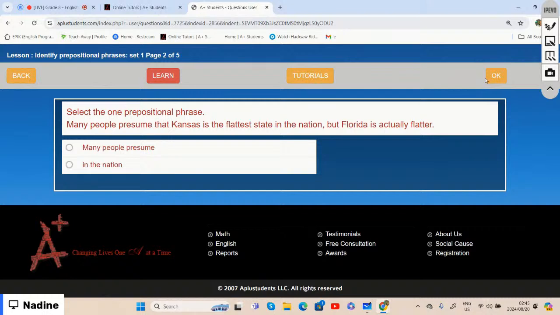Is it many people presume or in the nation? We need to select the correct one. So many people presume that Kansas is the flattest state in the nation, but Florida is actually flatter.